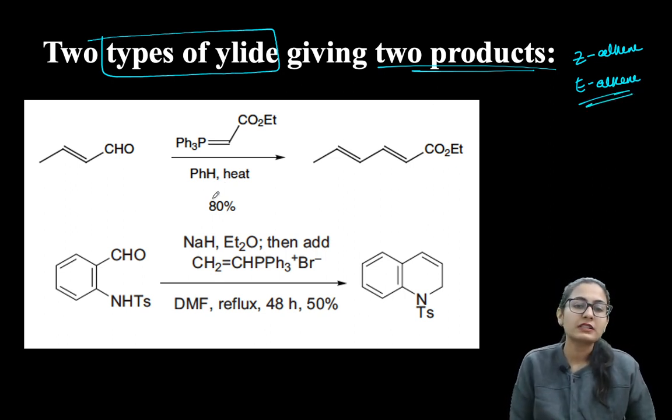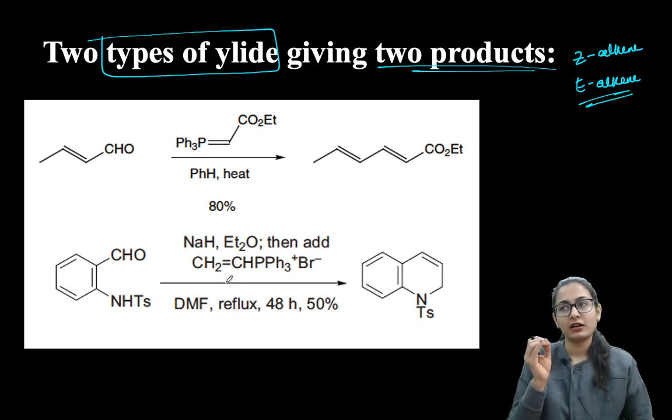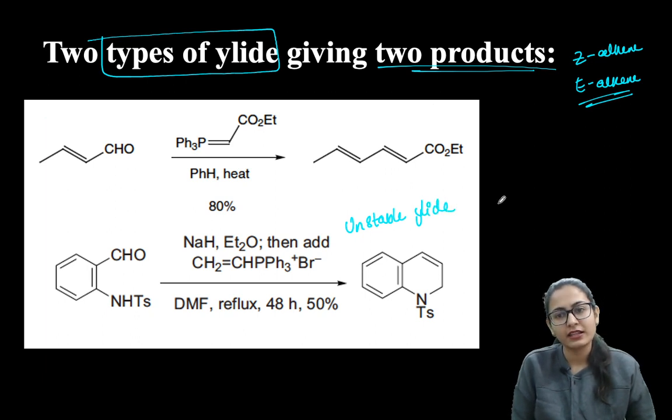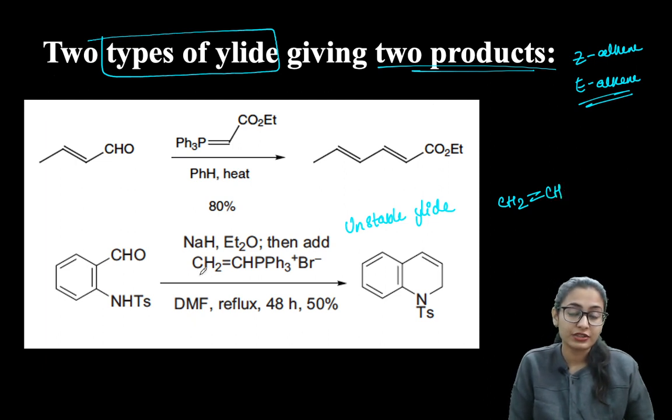So first thing first, if you have, let's say, an unstabilized ylide. What do I mean by that? Unstable ylide is basically an unstable carbanion. Yes, which means that if you have an ylide like this, for example, this reaction is showing you that you have an ylide like this.